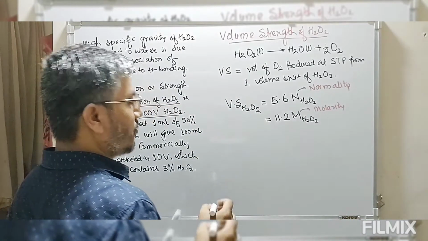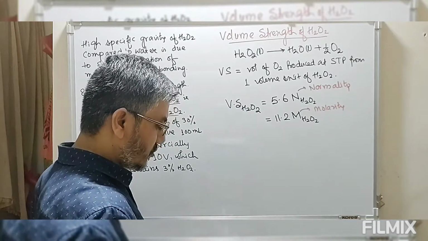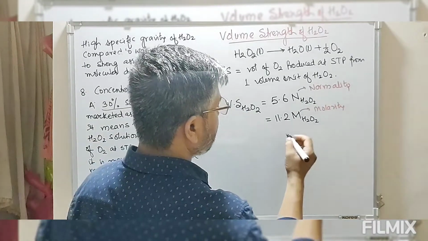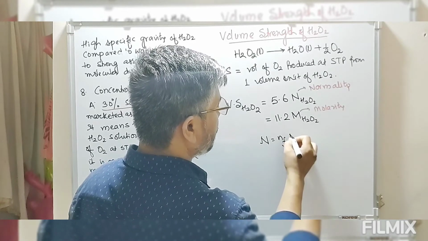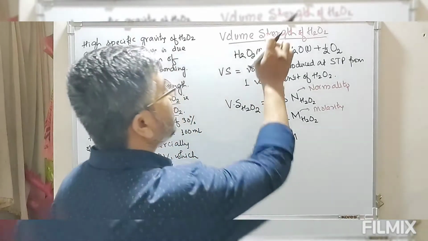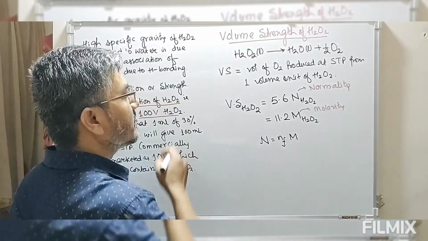And we know molarity is related to normality through the n factor. Normality is equal to n factor times molarity.